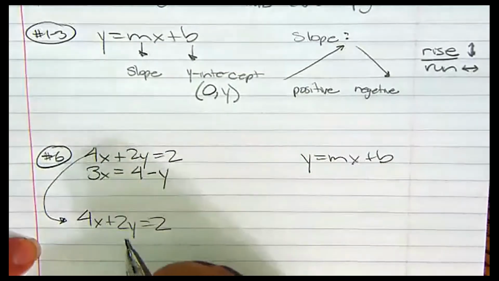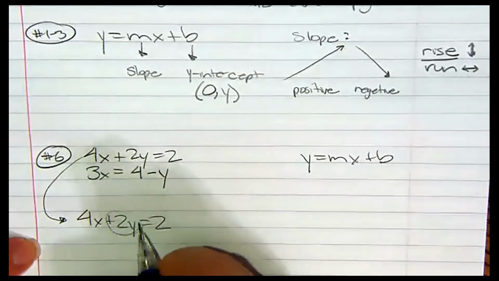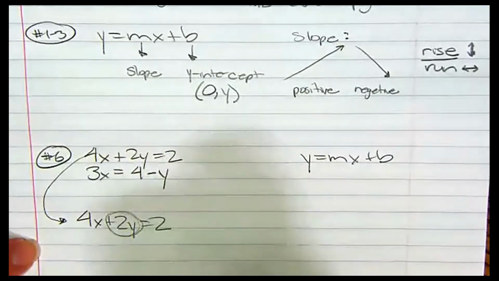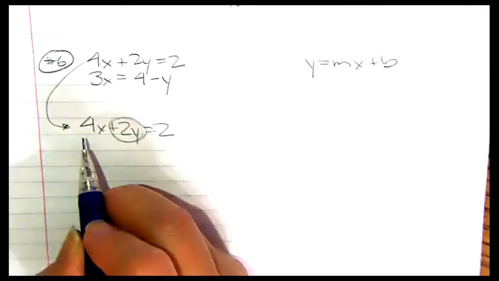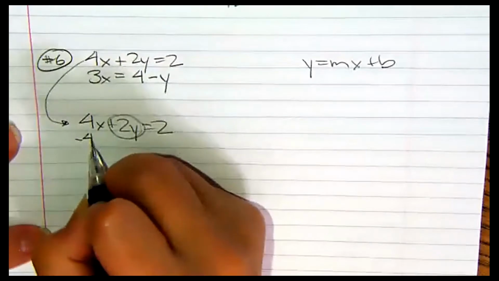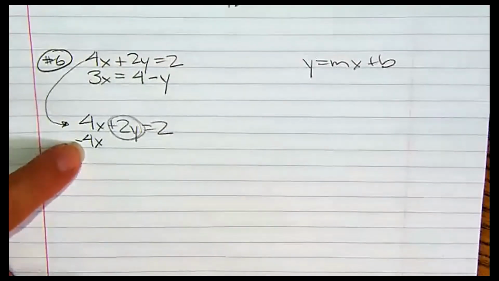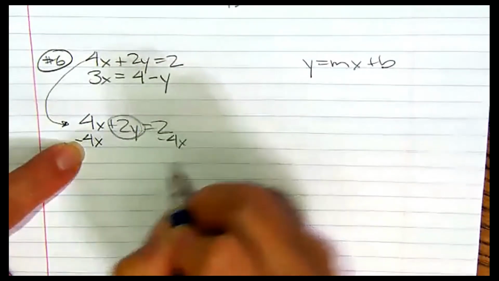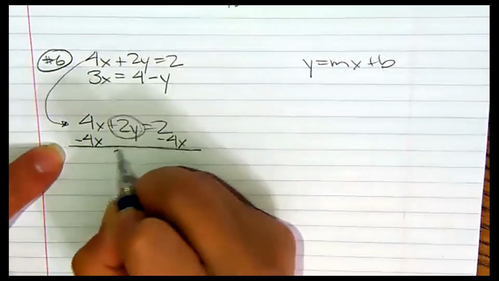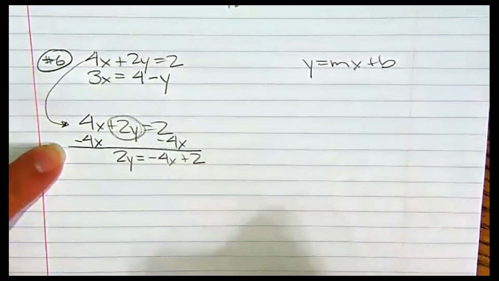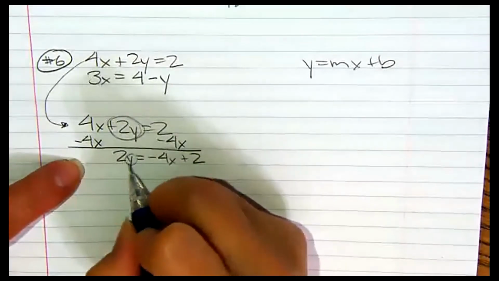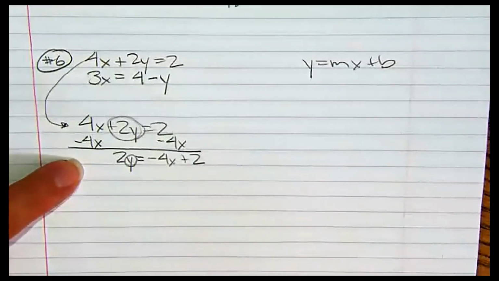I want to isolate my y. I need to get rid of this 4x, so I'm going to subtract 4x from here. What I do to one side, I must do to the other. So 2y equals negative 4x plus 2, but I still need to isolate my variable.